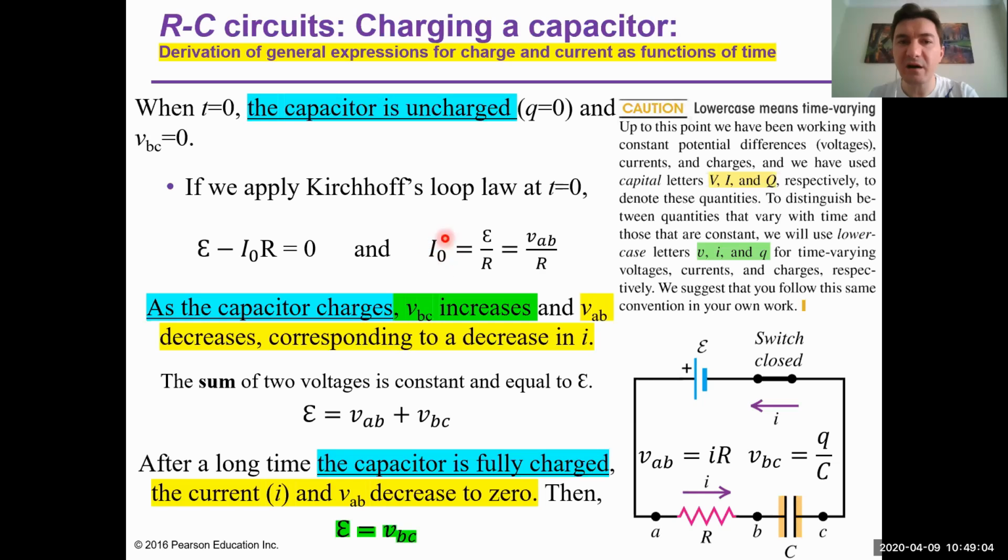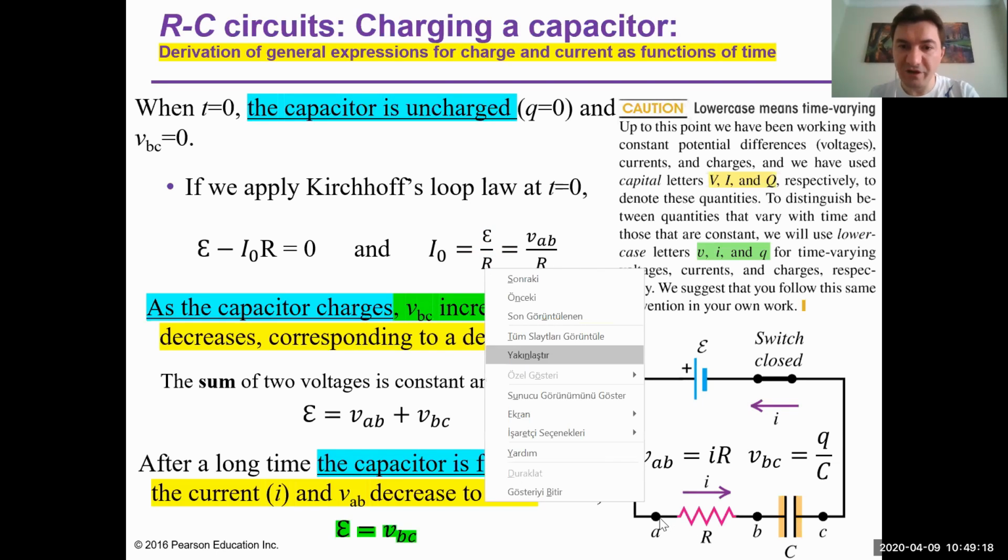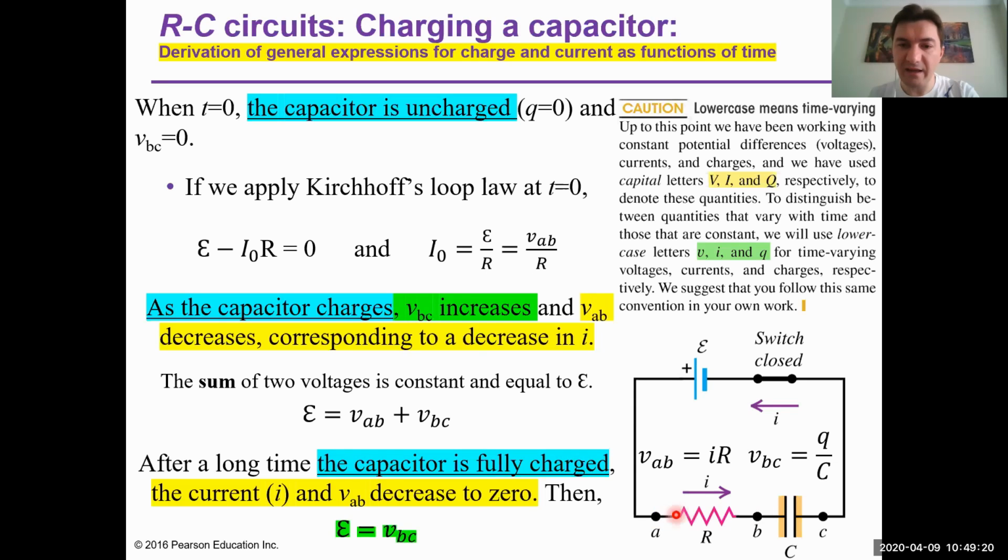Finally, we can get the current, which is the initial current when the time is 0. You just close the switch and the current is started. So this initial current is given by EMF over R, or the potential difference between A and B, VAB over R. Okay, this is the initial current.